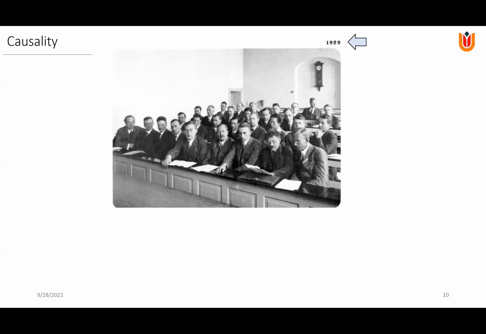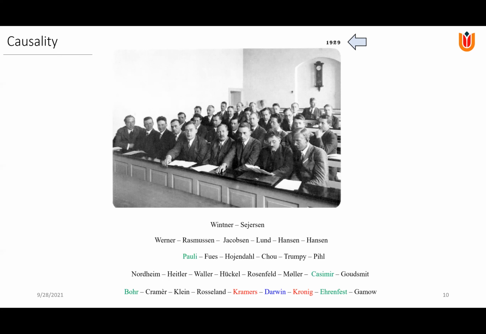So, do you recognize any of them? Nah, that's okay. These were the names I've highlighted, the ones that are a little bit better known. So Pauli, from the Pauli exclusion principle, that's all good. We have Niels Bohr, of course.